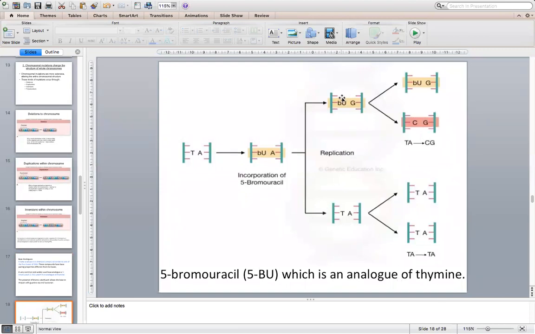However, you can see in the second base pairing, we have a cytosine to guanine. Here we need to have adenine to thymine or thymine to adenine. However, we are getting a new base pairing, cytosine to guanine. Due to the mispairing with the analog, we are getting the cytosine to guanine.